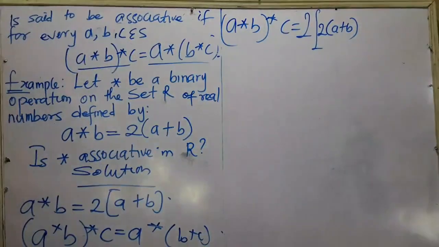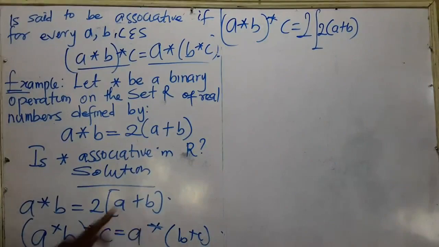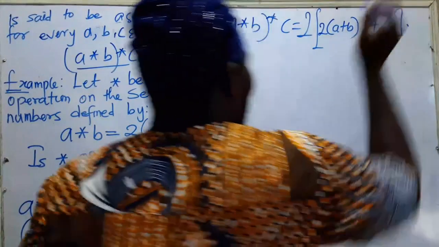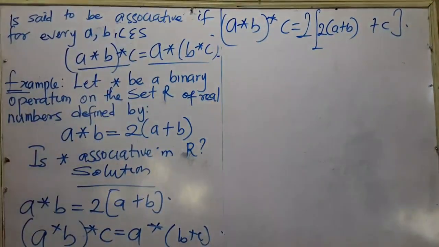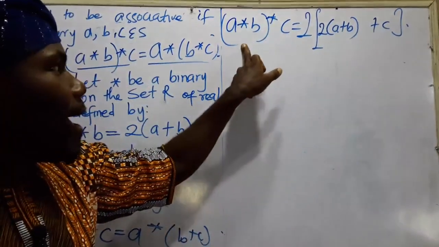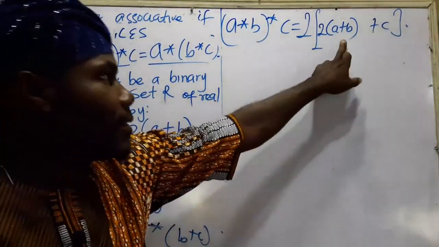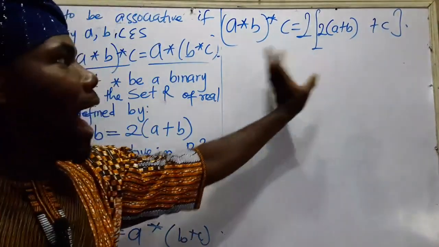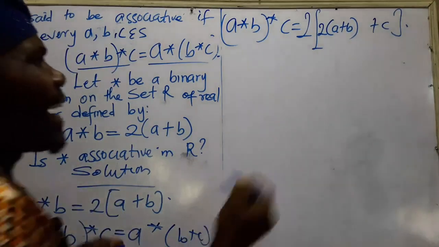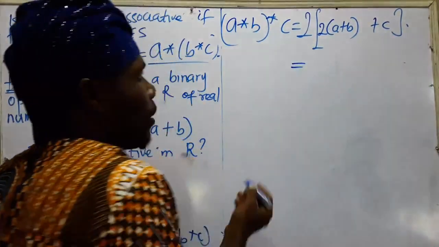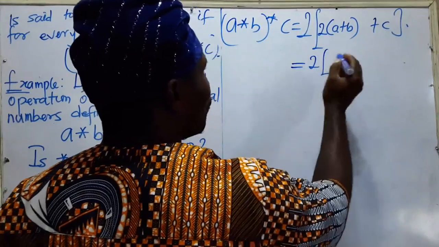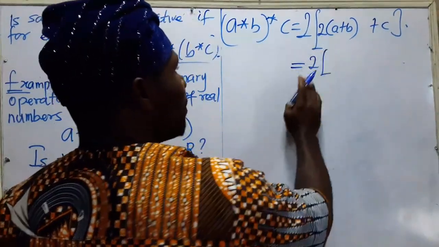That is the first entry, plus C, since B now becomes C. The definition is 2 times (A plus B), so let's expand and see what we get.